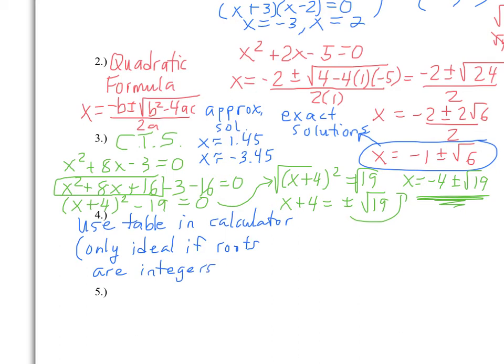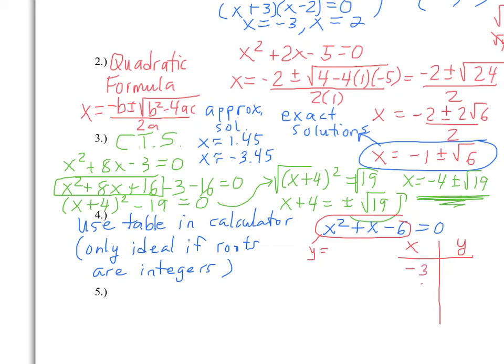Okay? So if we were to go back and look at our first example, x squared plus x minus 6 equals 0, the one we were able to do through factoring, if you were to put this into y equals in your calculator and then look at a table of values, what you would see is that at negative 3 and then again at 2 for x, the y values would be 0.